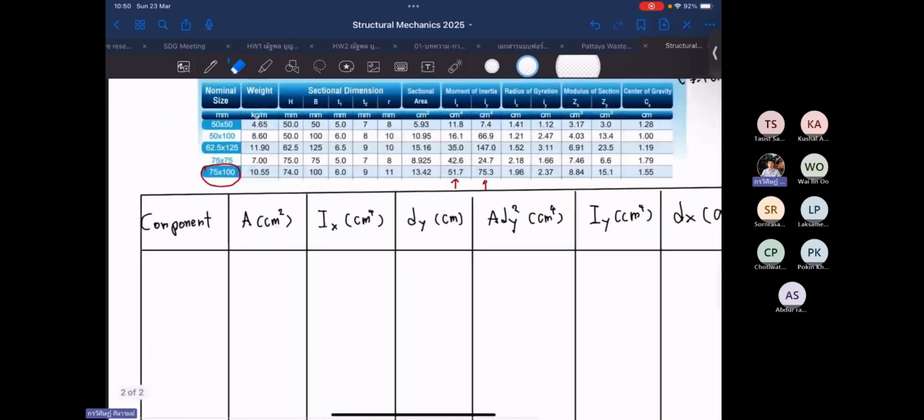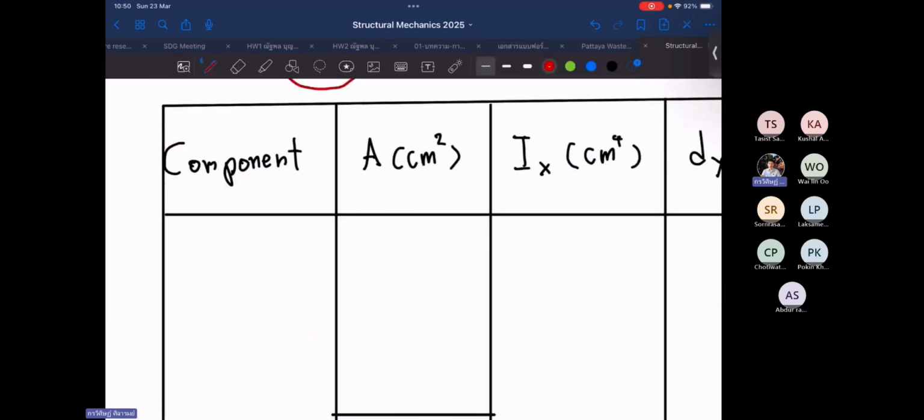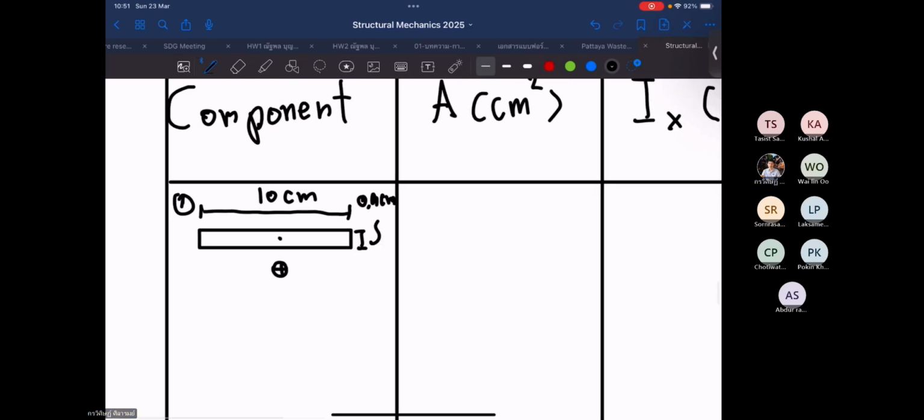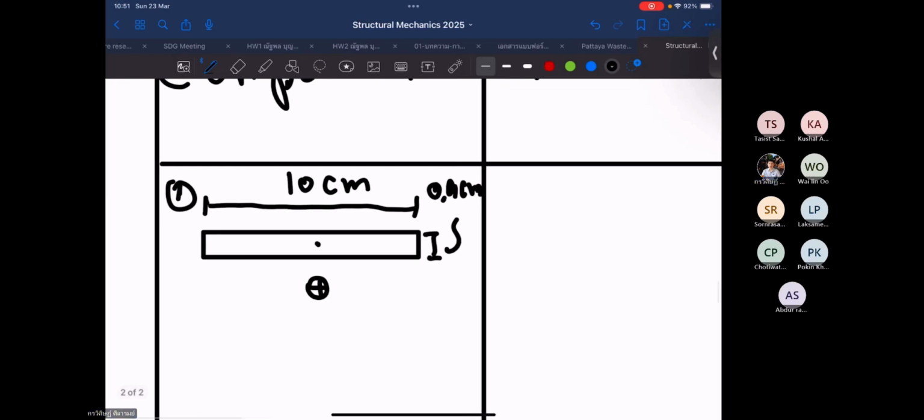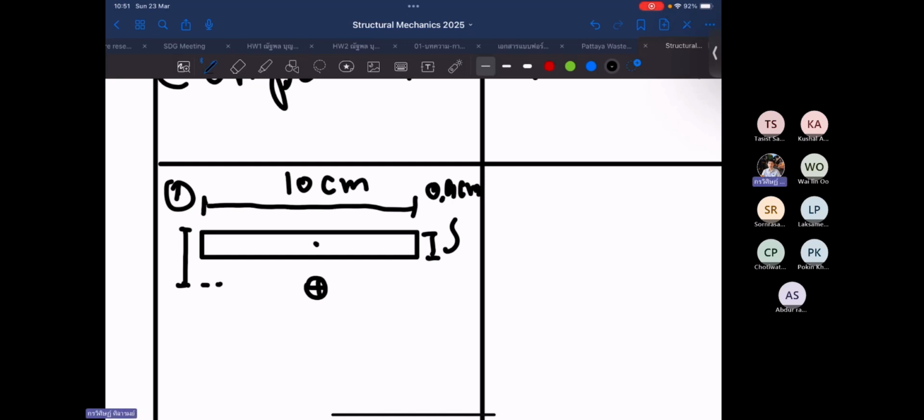Then let's start with the first component. Component 1 has a width of 10 centimeter, a thickness of 0.9 centimeter, and its center of gravity, from here to here, we already know this one is 1.55 centimeter.